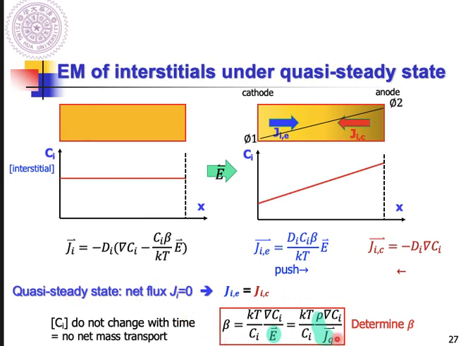Under this situation, as long as you know the temperature and the concentration profile, you just take the average of the concentration of these interstitials, and also the concentration gradient, which you can get from the EPMA, right? And also you know the current density and the electrical conductivity. So you can determine the value of the effective charge beta in your own system. So this is how we measure beta.